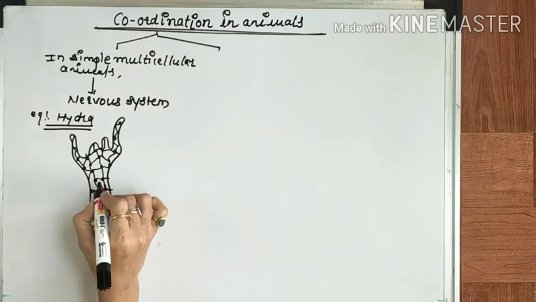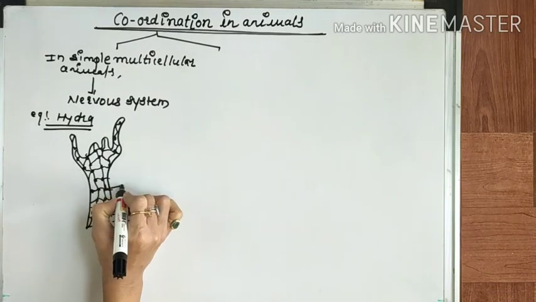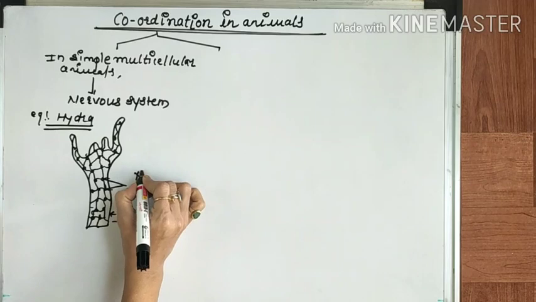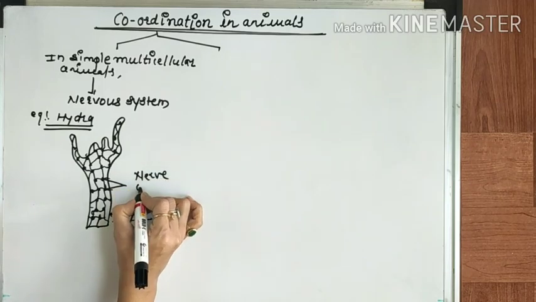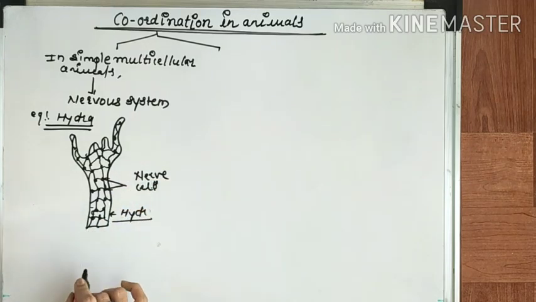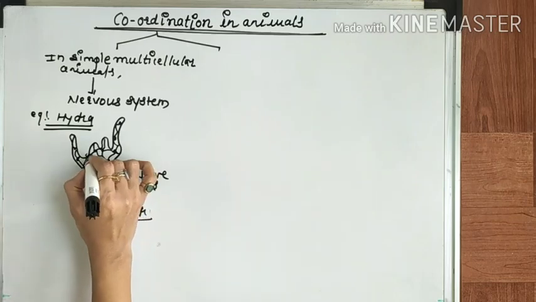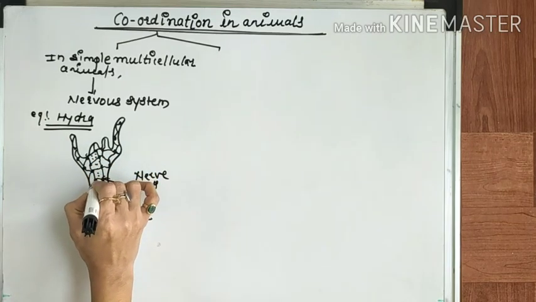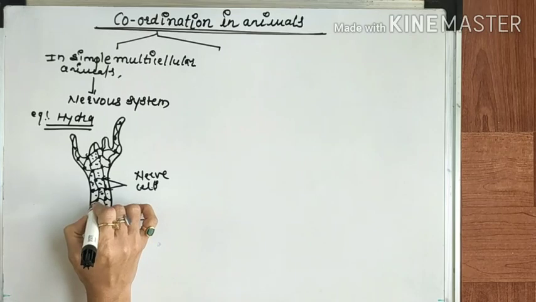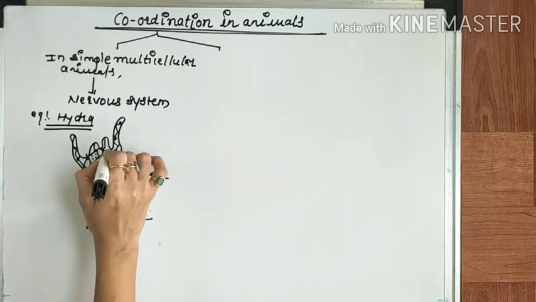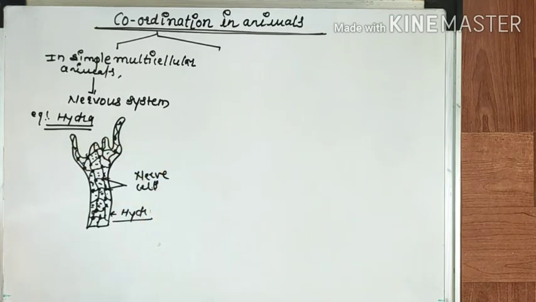You can see this black dot, that is called a nerve cell. And this is the structure of Hydra.